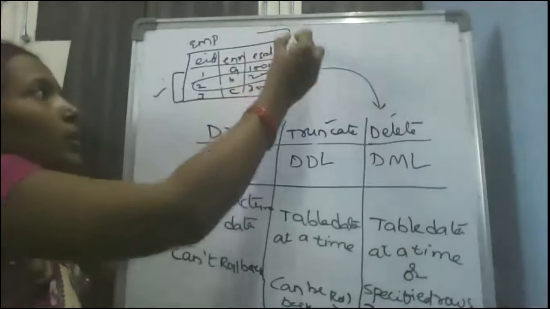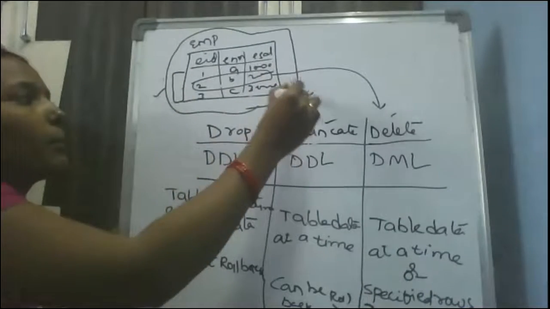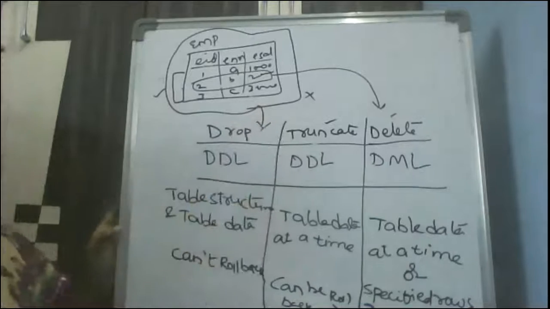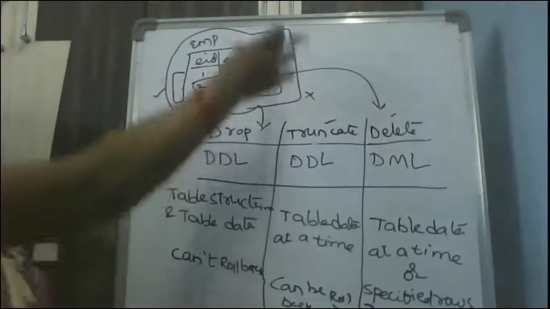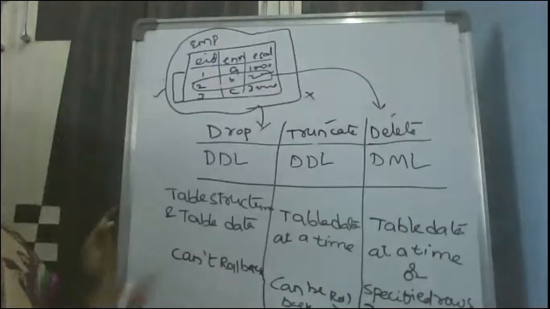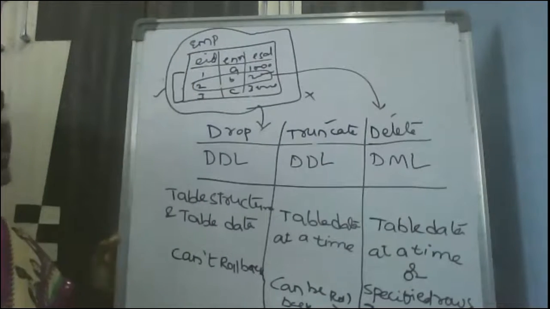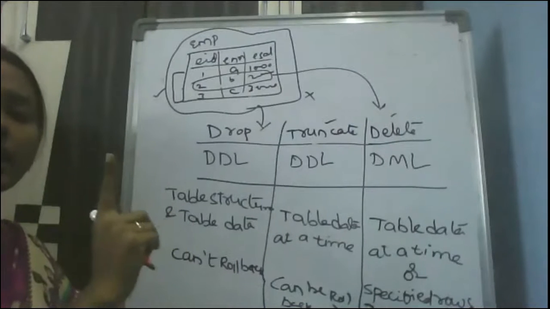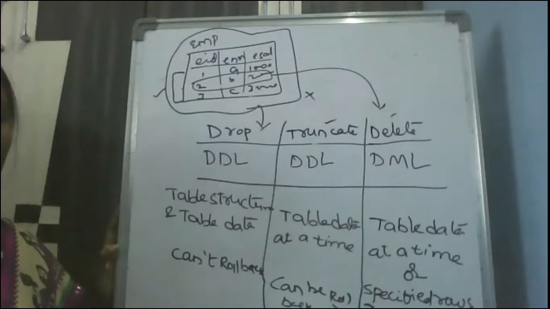Now, if I want to completely remove this table from the database, we go with the drop command. Clear now? So drop is to delete the complete table. Truncate is to delete all the rows at a time. Delete is used to delete a particular row as well as all the rows of the table at a time.